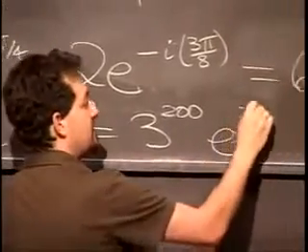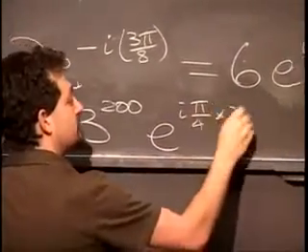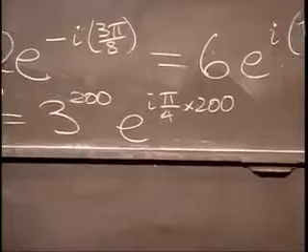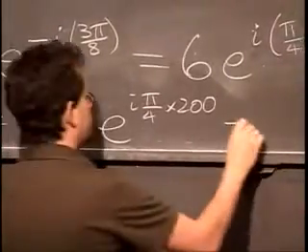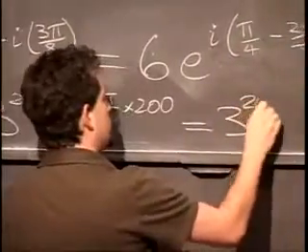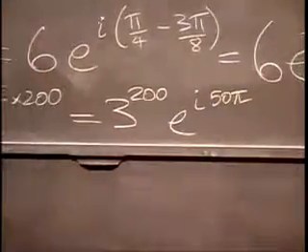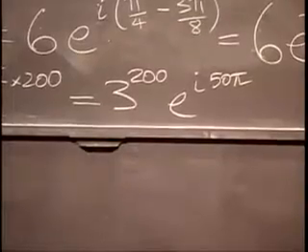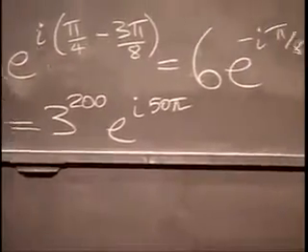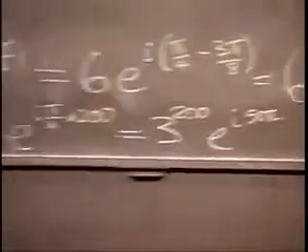So I get e to the i pi over 4 times 200. This is, of course, the same as 3 to the 200 times e to the i 50 pi. Could we simplify that? What's e to the i 50 pi? Can anyone say what it is?